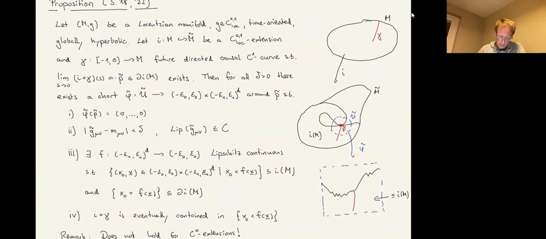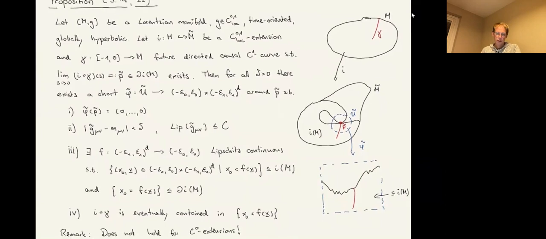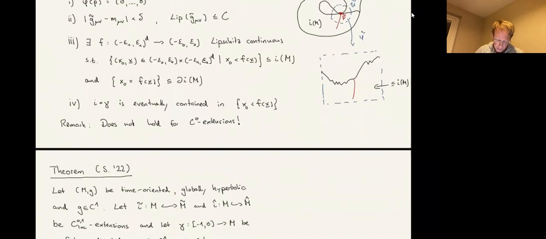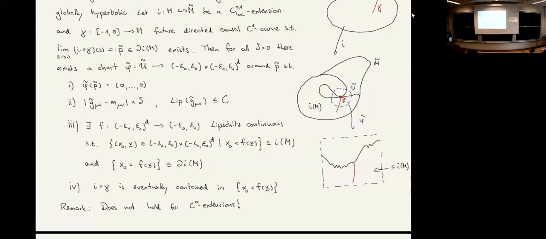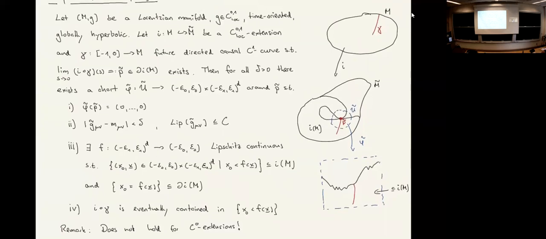So this is the statement which addresses the issue A from before. So wait, Sbierski, I have a question. Sure. If you got rid of the assumption that gamma would be a causal curve and just took a time-like curve that hit the boundary, then it would be true for C0 extensions.